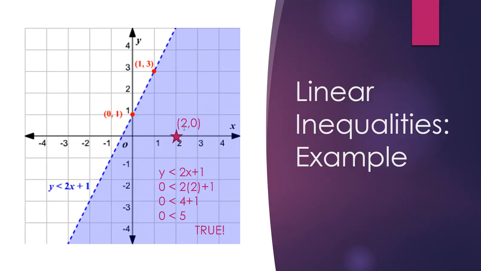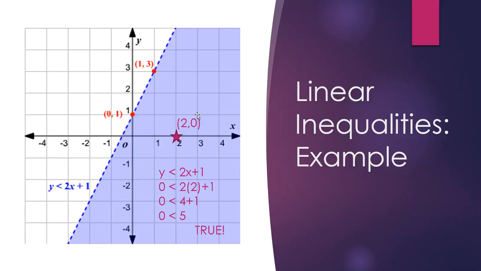And if I take this 2, which is an x value, and I take this 0, which is a y value, and I plug it into my inequality, so again, I was plugging in 2 where x was and 0 where y was, we end up, after we solve this, 0 is less than 5. This is a true statement. And because it's a true statement, that's why this area is shaded.